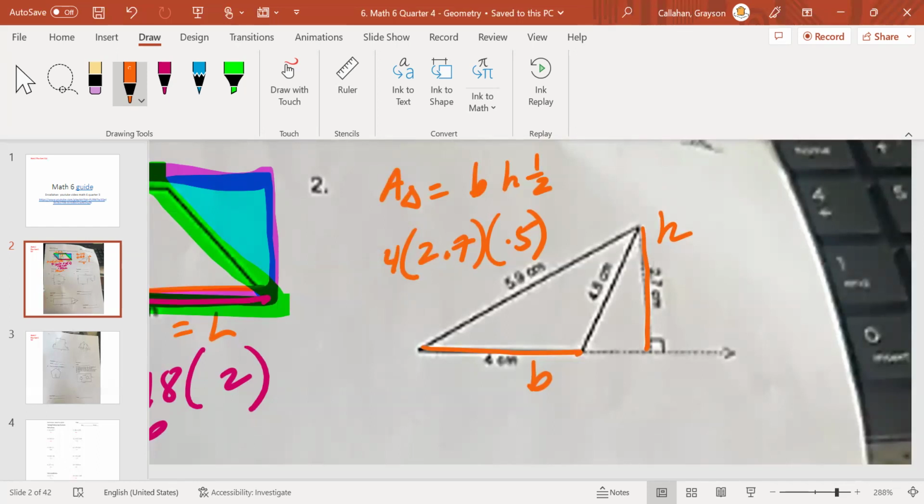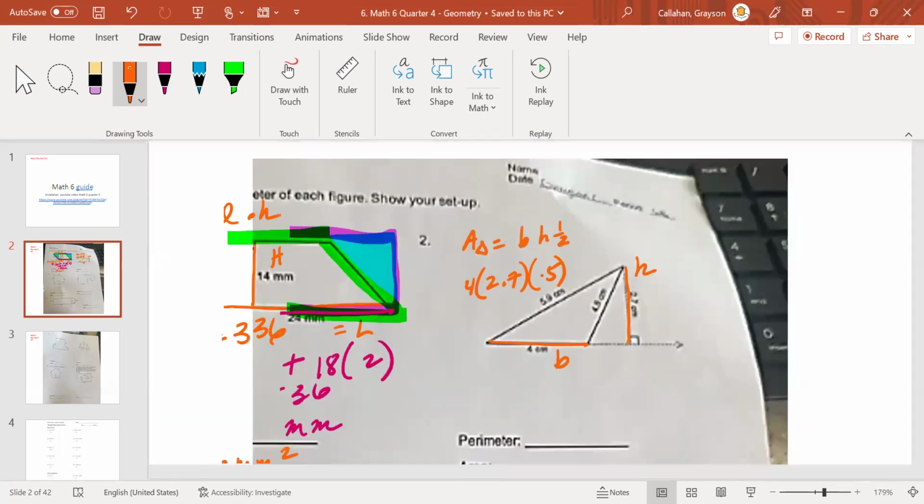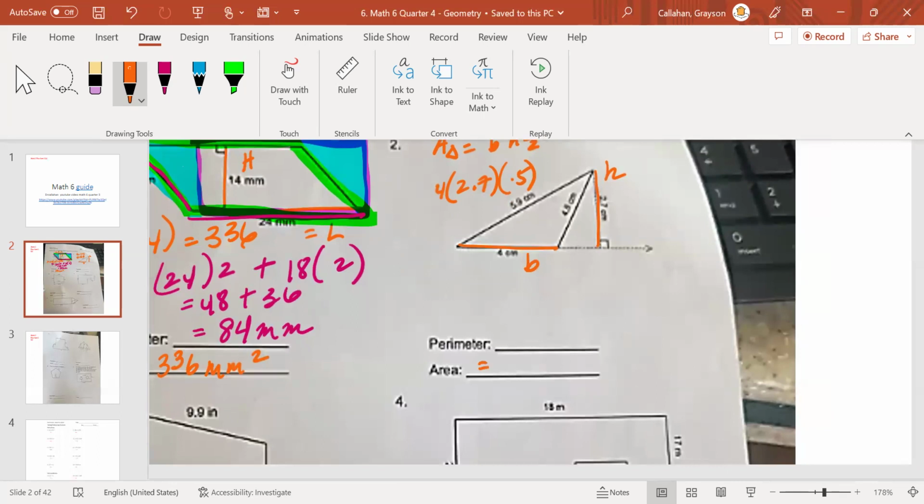That's not your answer. 4 times 2.7 times half. What's your unit? Centimeters. And then squared. Don't forget the square.